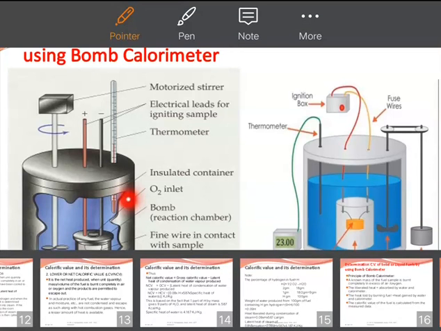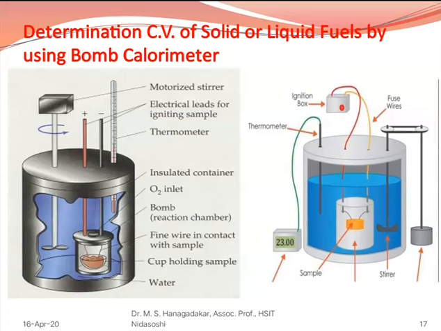It is fused with magnesium wire, which is welded to either platinum electrodes or iron electrodes. They project out from the apparatus and are connected to the battery. This bomb apparatus is filled with air, and there is an inlet for oxygen gas.